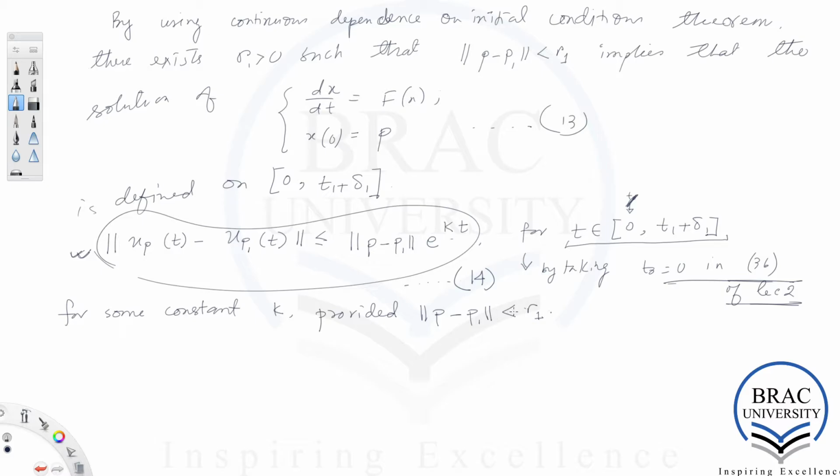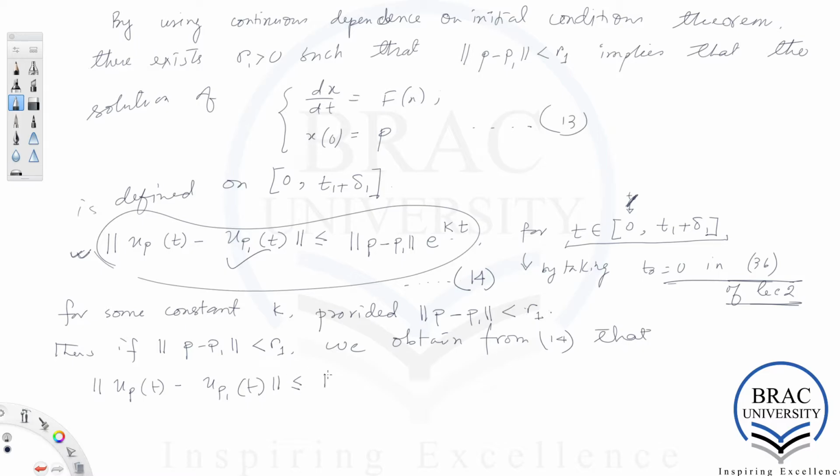Thus, if the norm of p minus p1 is less than r1, we obtain from 14 that the norm of u_p(t) minus u_p1(t) is less than or equal to the norm of p minus p1 times e to the k times t1 plus delta 1, which is the maximum possible value of t.